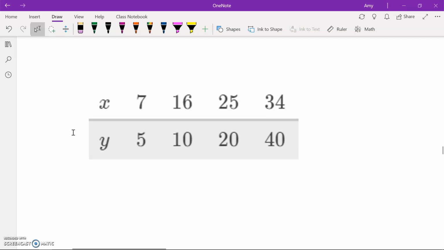So in this case, let's first look at what we're adding. 7 to 16, that is +9. 16 to 25 is also +9, and 25 to 34 is also +9. So I do see that my x's are changing by the same amount every time. So let's ask ourselves, how are our y values changing?